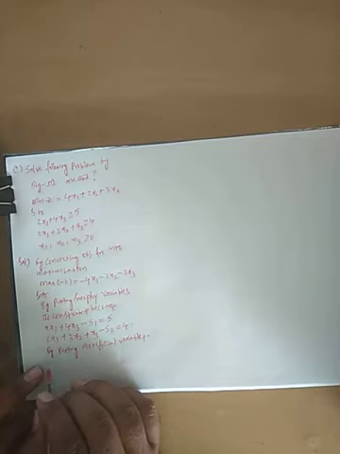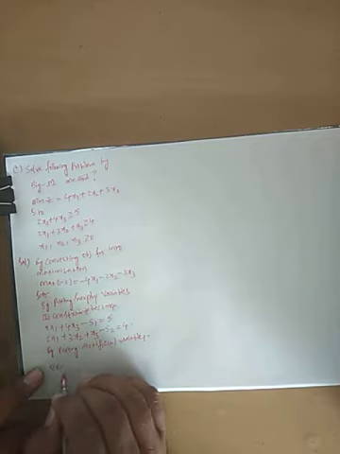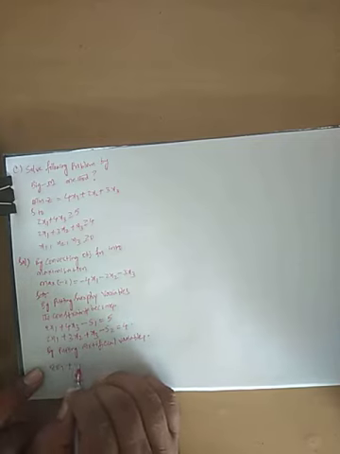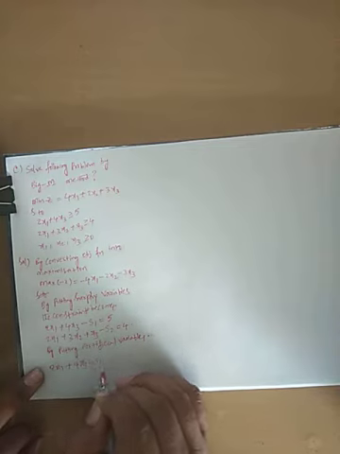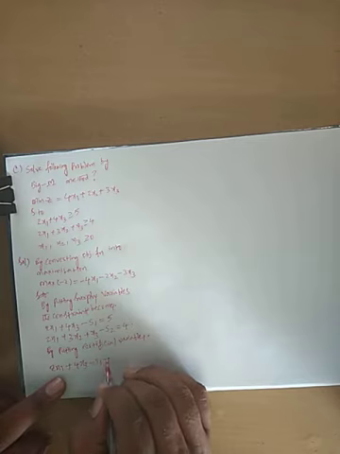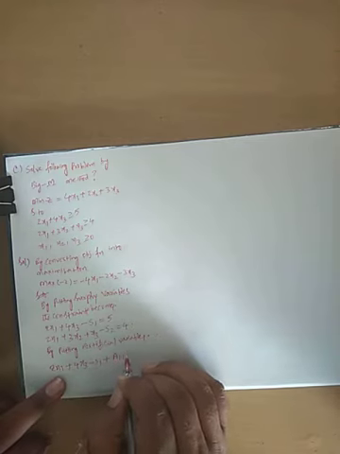Now what happens to the constraints? 2x1 plus 4x3 minus s1 plus a1 is equal to 5.